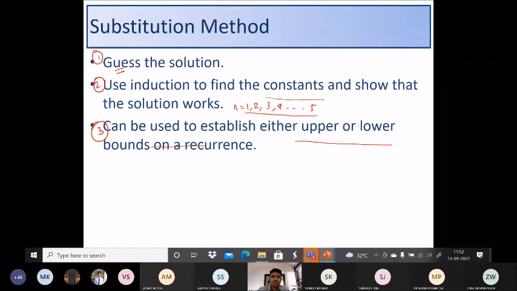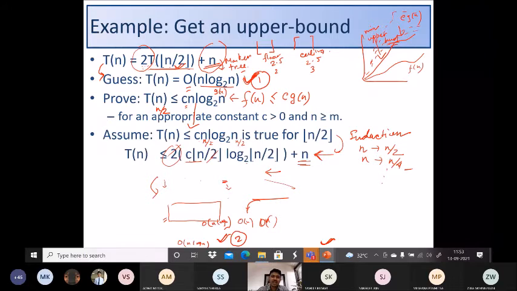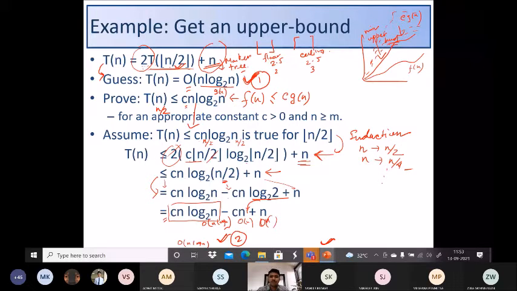So check three rules. Guess the solution, prove your guesswork is right through induction, and the third step is to establish either the upper boundary or the lower boundary. So we are trying to find the order, the upper bound, big O. Big O, the upper bound, order of something, we are trying to find out.